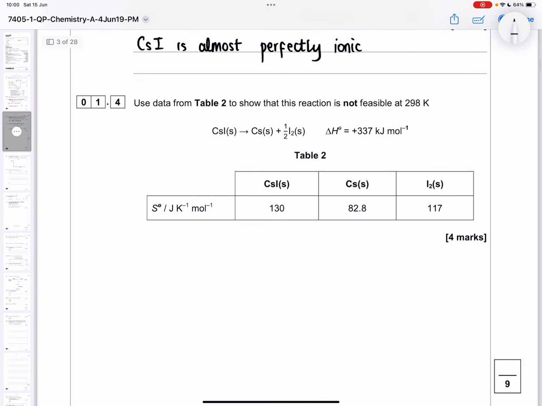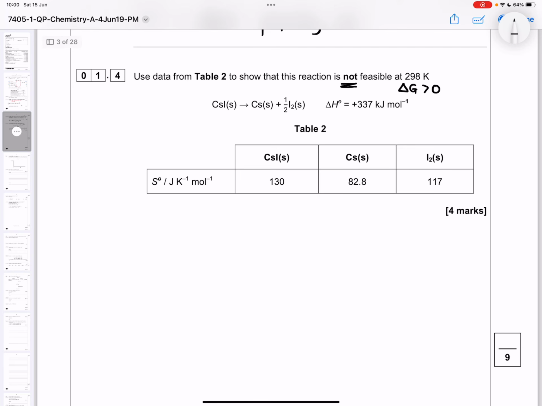Use data from table 2 to show that this reaction is not feasible. That means that delta G would be greater than 0, because for a reaction to be feasible, delta G needs to be less than or equal to 0. So if it's not feasible, delta G is going to have to be greater than 0.